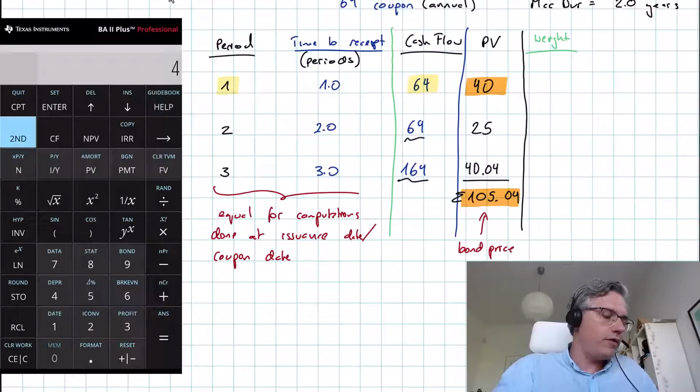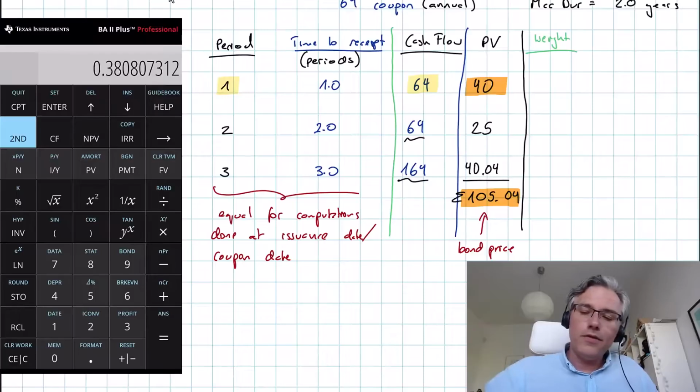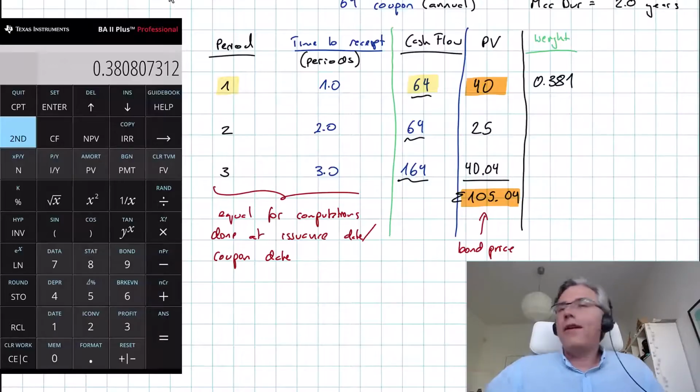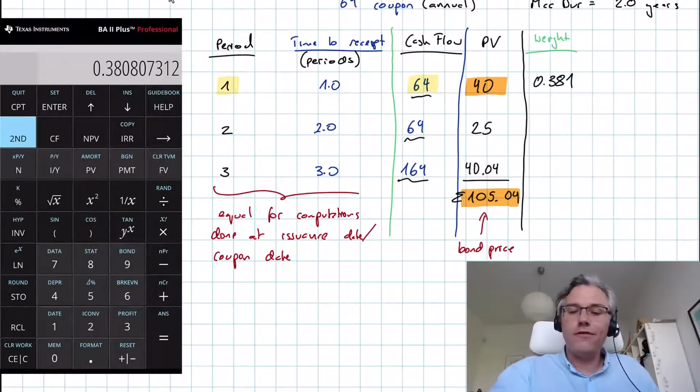So 40 divided by 105.04, I guess 0.381. In other words, the first cash flow has a weight of 38.1% in the overall bond price. The bond price is just the sum of all the PVs of the individual cash flows, and the weight of the first one is 38.1.